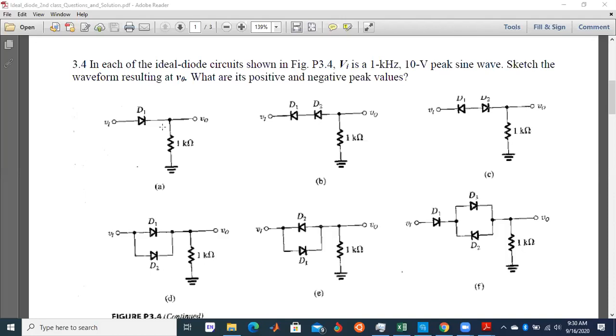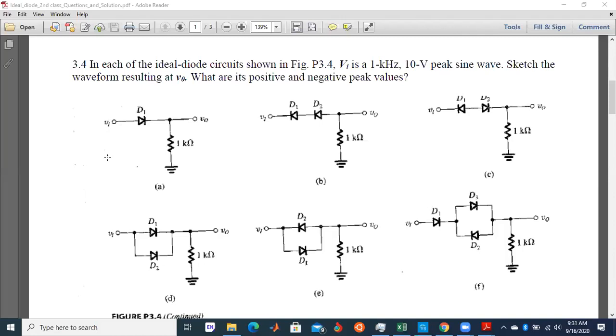One, you will consider this diode. You will assume that the positive terminal of the input voltage is attached to the positive terminal of the diode, and the negative terminal of the diode is connected to the negative terminal of the cell.